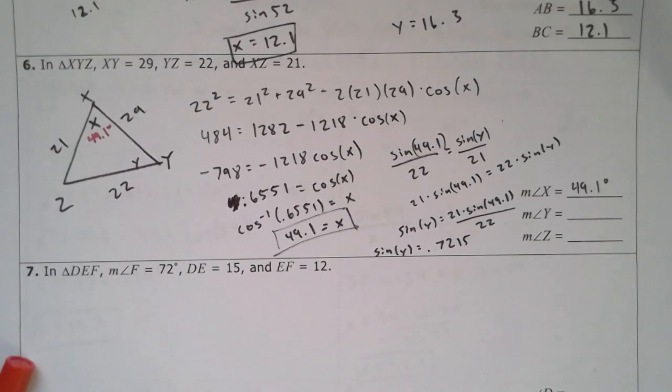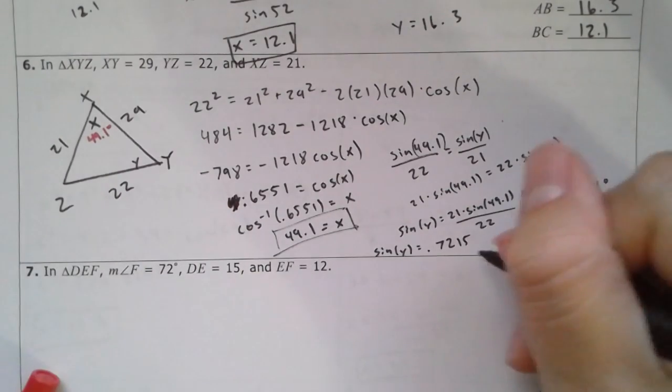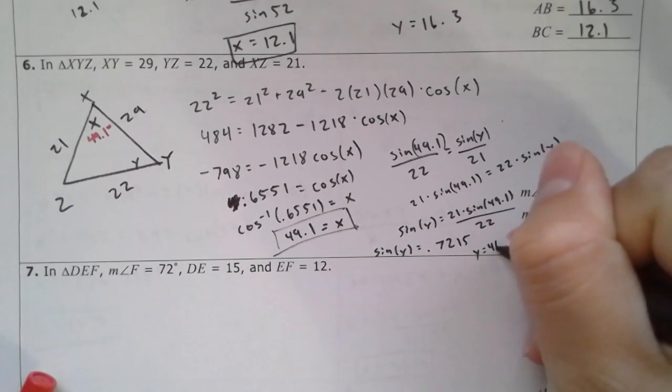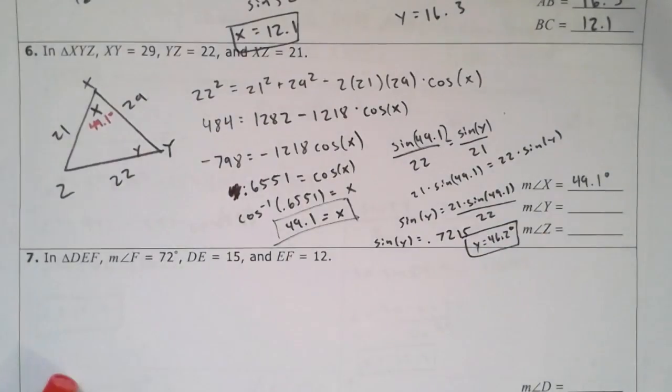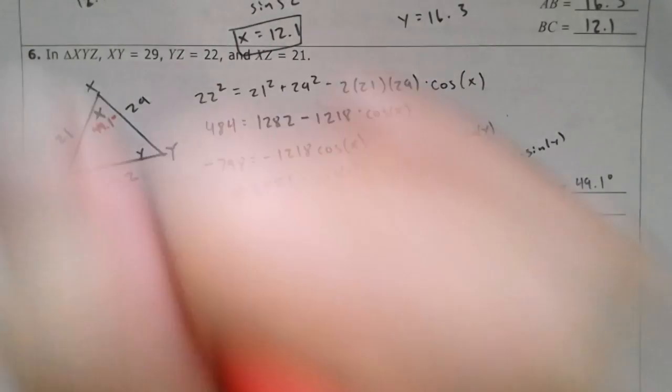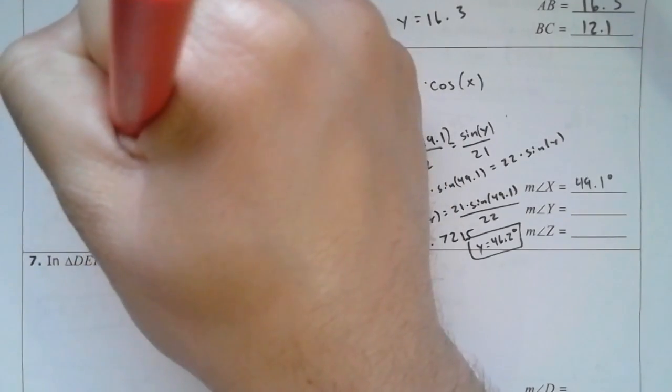I'm running out of space, so I'm just not going to write it out anymore. Inverse sine of 0.7215, you're going to get that y is equal to 46.2. So y is 46.2 degrees, and I can label this one now 46.2 degrees.